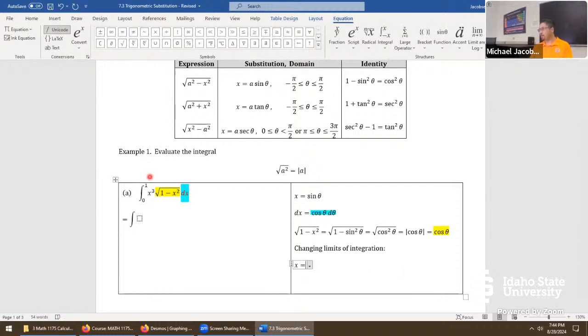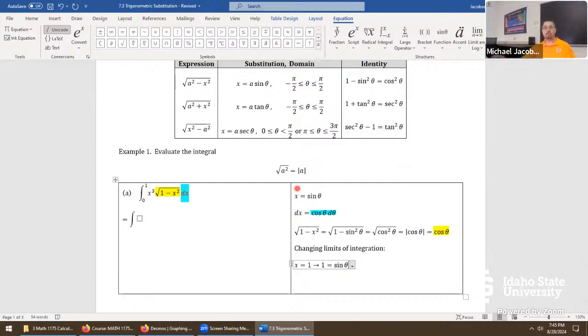When x equals 1, what happens there? Well, that will imply, if x equals 1, that you're throwing a 1 right exactly there: 1 equals sine theta.